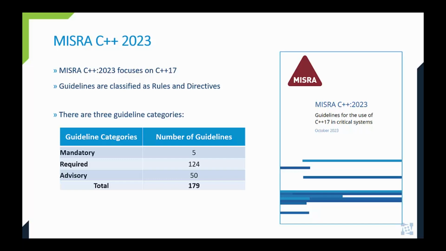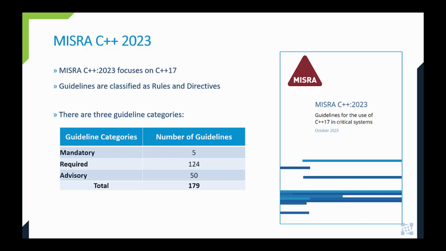Just to touch on the new standard, there are a total of 179 guidelines. 5 of them are mandatory, which means that you have to abide by these 5 guidelines or you are not compliant with the standard. There are 124 required guidelines which you also need to abide by.